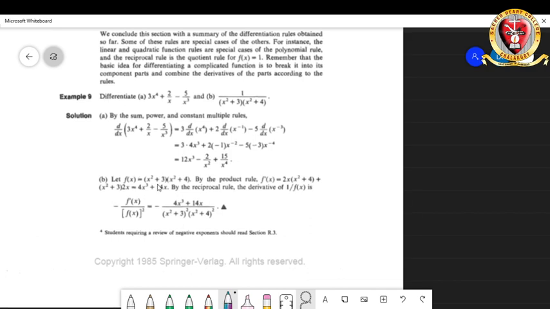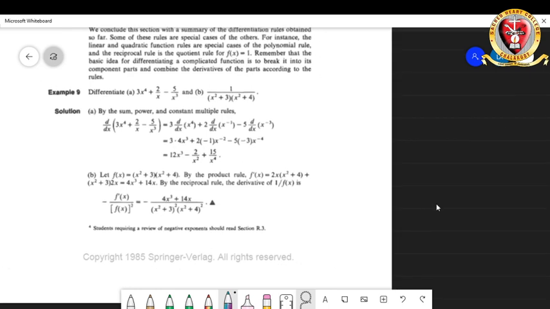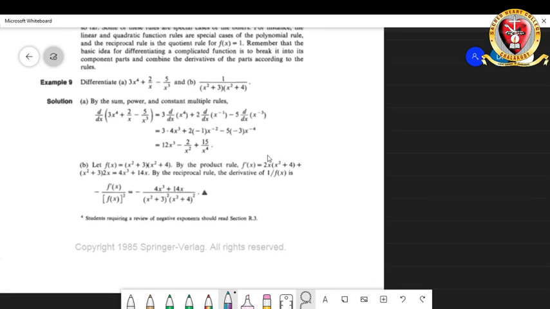Now for b, you have the function in the denominator to be x square plus 3 into x square plus 4. For finding this one, you can use the reciprocal rule.